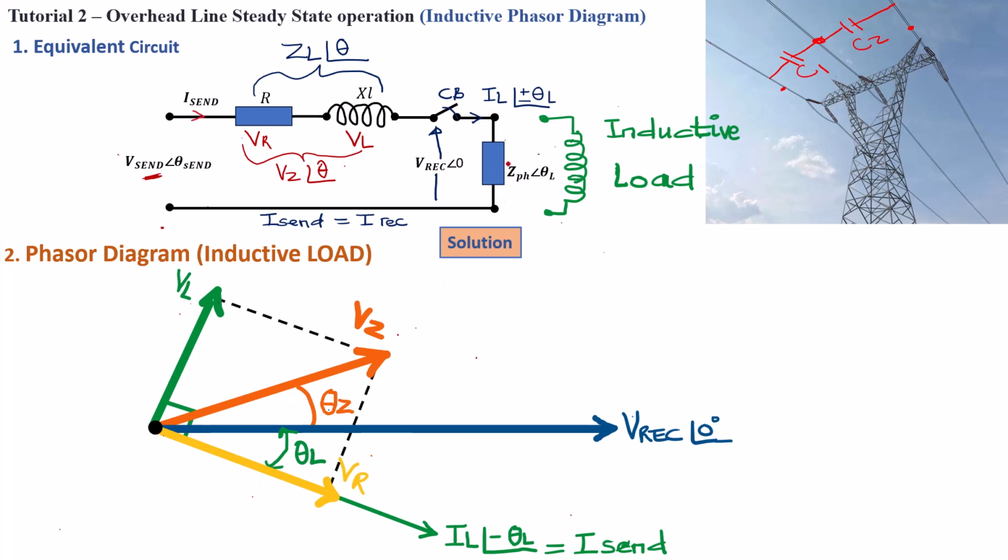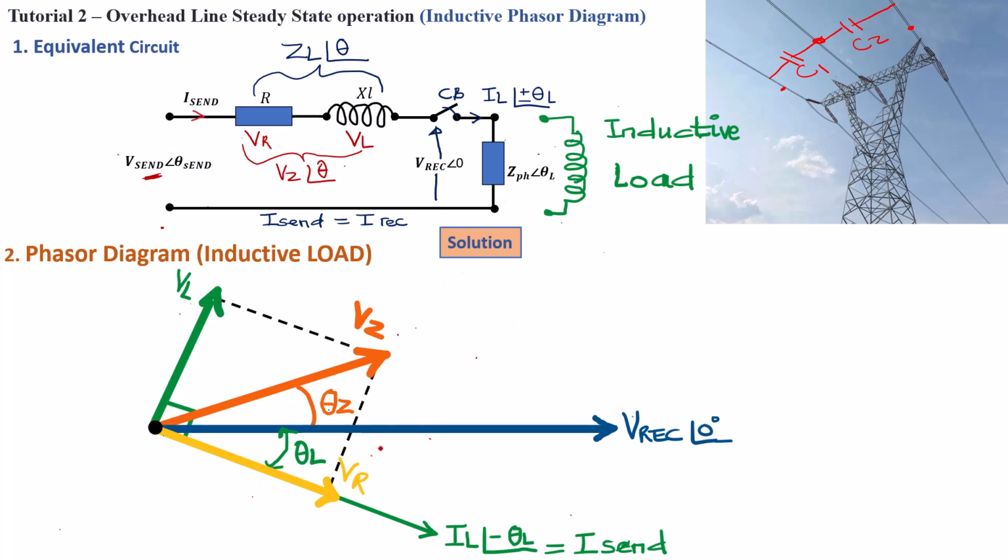Okay, so now we need to know how much will be our V sending in relation to the V receiving, because remember, V receiving before we close a circuit breaker here is basically equal to V sending. But as soon as we close a circuit breaker, there is going to be a current flow, then there will be a voltage drop, and V receiving will be less than V sending.